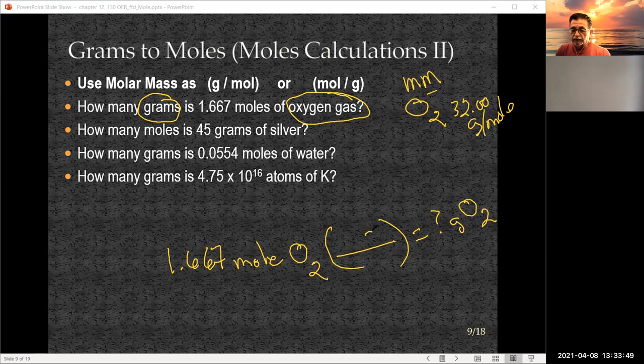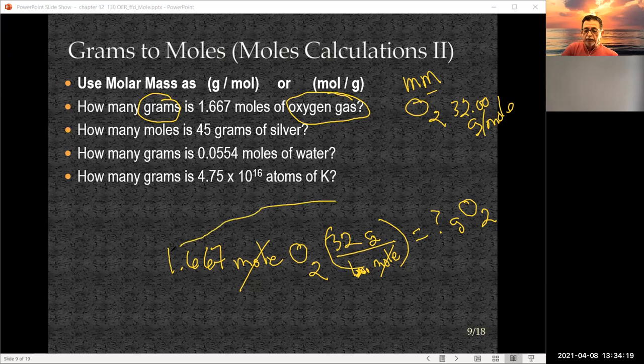That means grams is the numerator and moles is in the denominator. So grams is on top, that's 32 grams per 1 mole. Check my units. Now I simply multiply 1.667 times 32, and that gives me the number of grams of oxygen.